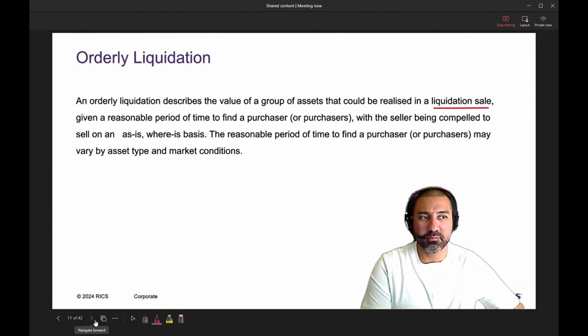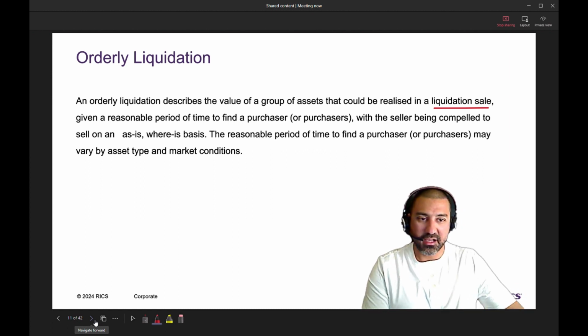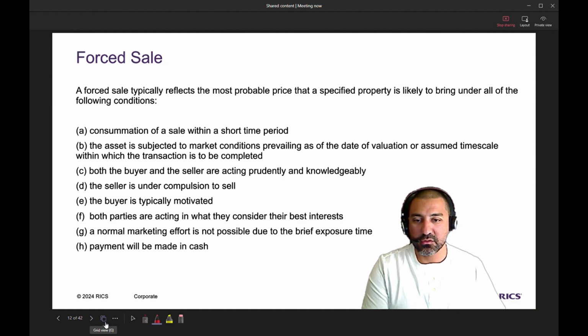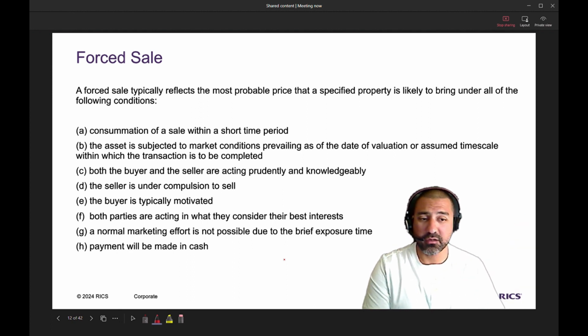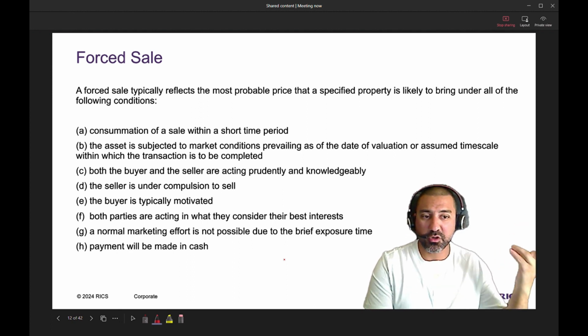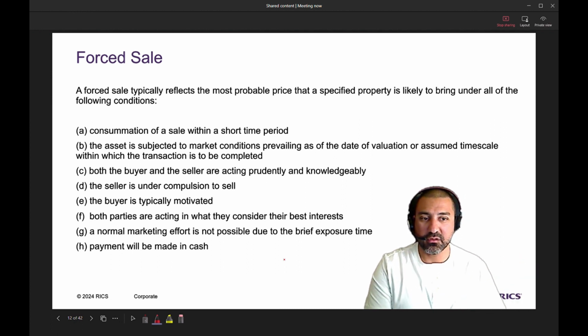You're looking for the highest bidder, but you're selling the assets piecemeal or as is, not as a going concern. It's not necessarily going to be continued operation. It's not the main assumption. If it does continue, then good for the buyer. But if they don't want to continue the operation, then that's the value that is liquidation. A forced sale, on the other hand, could be on any of the following conditions: a short period of time.